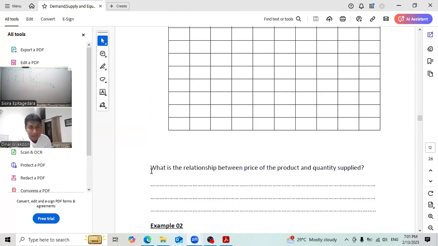But remember, in economics, there are two main relationships: positive relationship and negative relationship. Here you should say whether there is a positive relationship or negative relationship between these two variables. Is it positive or negative? Positive.